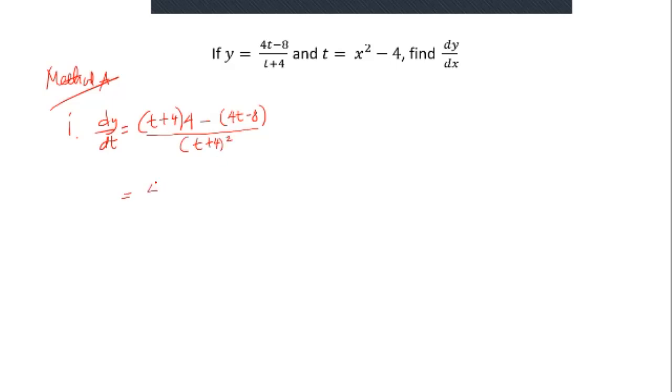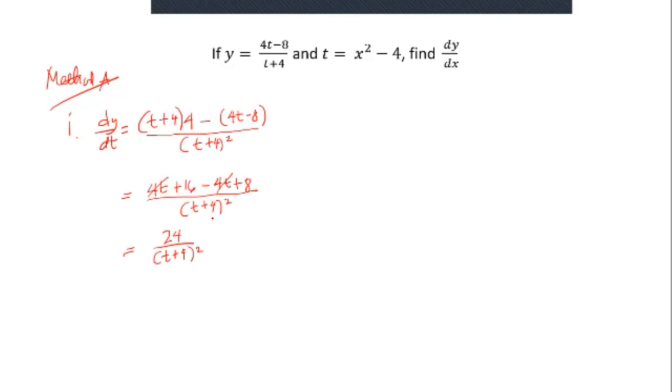Simplifying, we'll have 4t plus 16 minus 4t plus 8 all over the square of the quantity t plus 4. Simplifying the numerator, the 4t terms cancel, and 16 plus 8 will give us 24 over (t plus 4) squared.